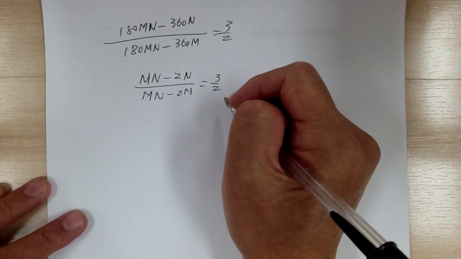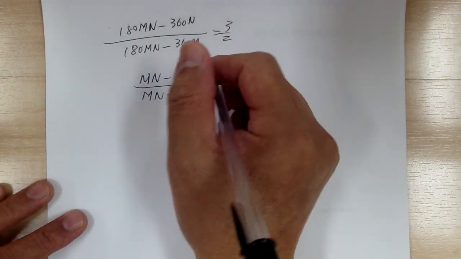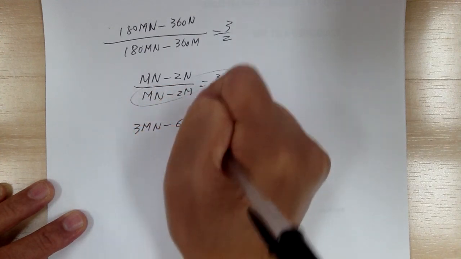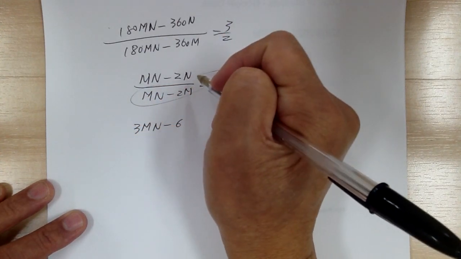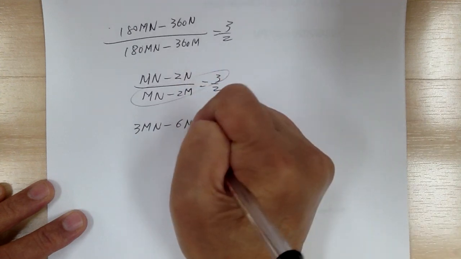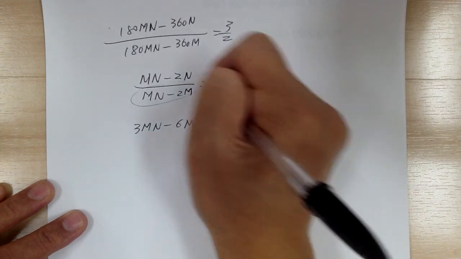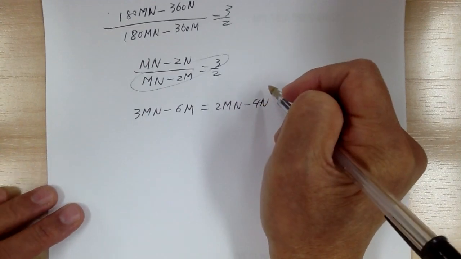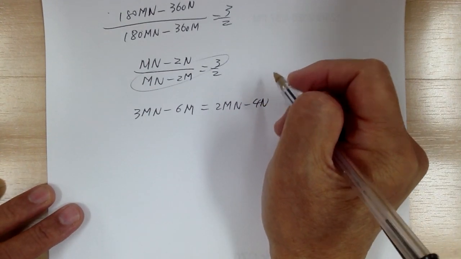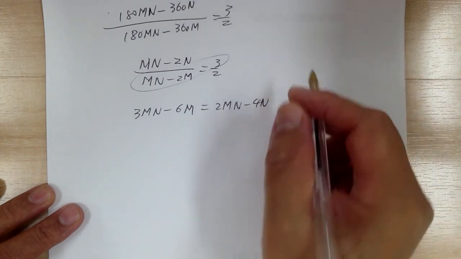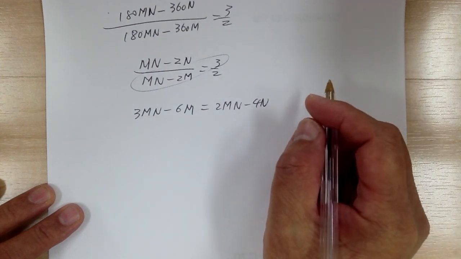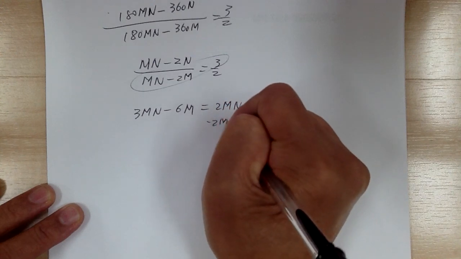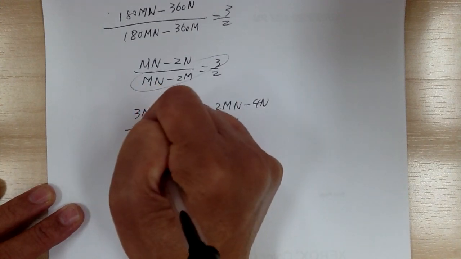Then after that, I'm going to cross multiply. So you got 3Mn minus 6m equal to 2Mn minus 4n. And so I'm going to move this over, so minus 2Mn on both sides.